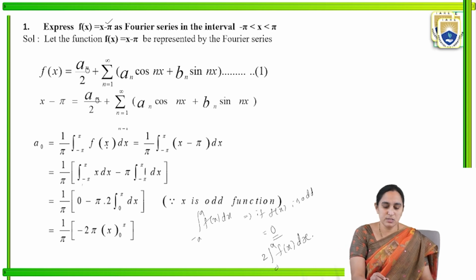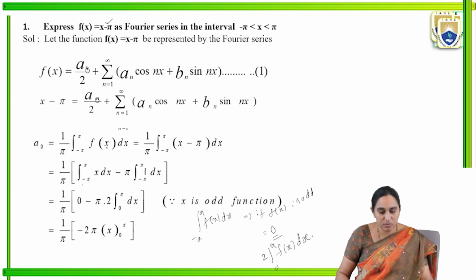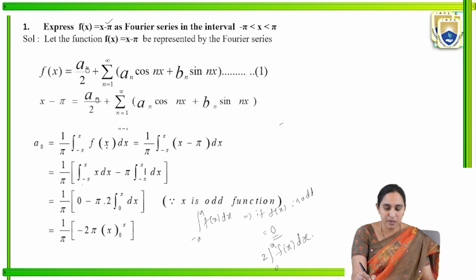Then this is 0 minus, observe here, for that I'll take minus 2 pi into integral 0 to pi, here the integration of 1 is x, that is minus 2 pi into x with limits 0 to pi. For that, substitute: 1 by pi into, here pi cancels, that is minus 2 into pi minus 0.